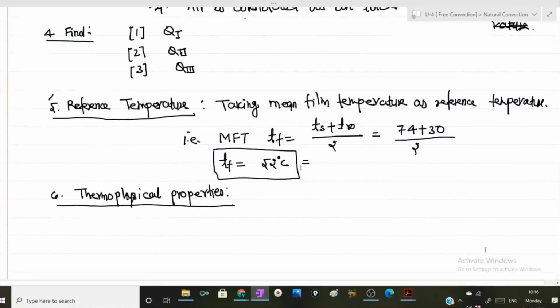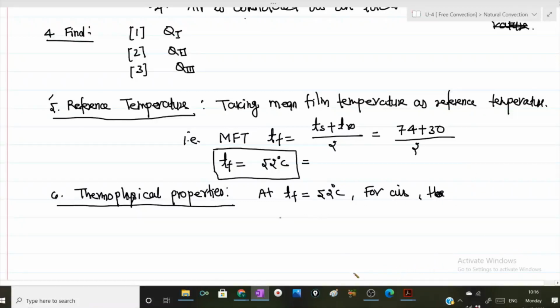Then comes step number 6, thermophysical properties. At the reference temperature, the mean film temperature of 52 degrees Celsius, for air, thermophysical properties can be obtained.